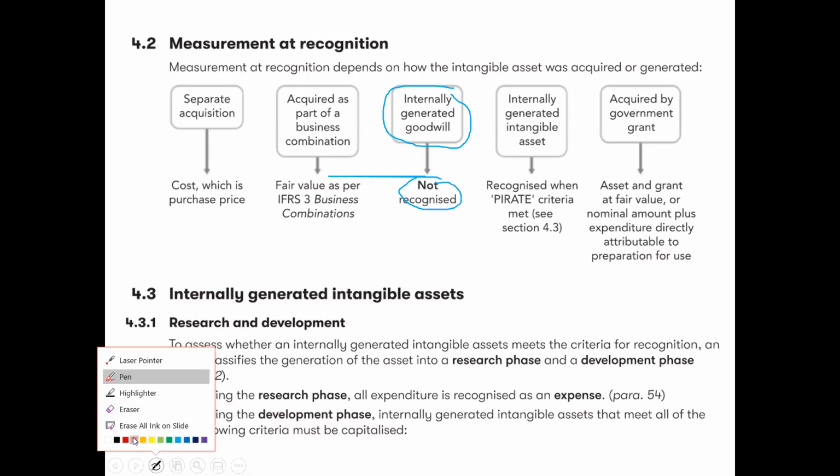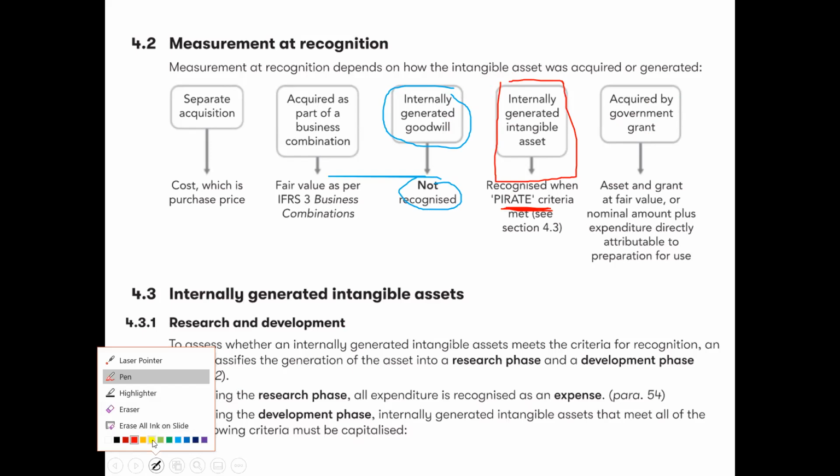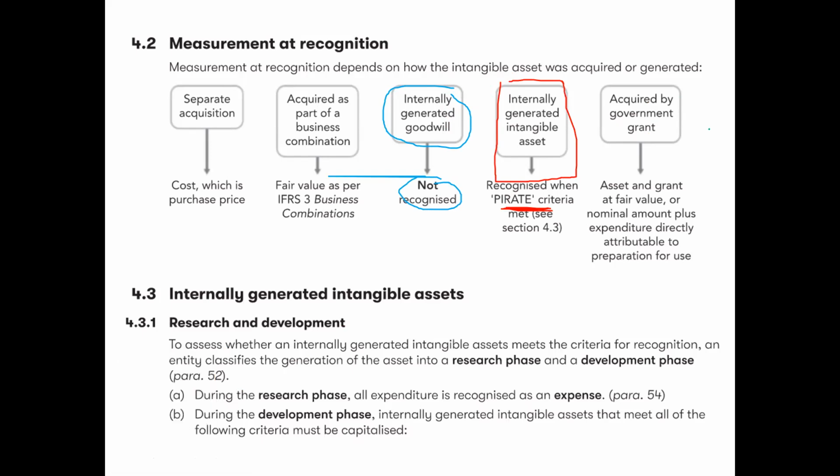Then they talk about internally generated intangible assets. You will see that they tell me that there's certain criteria I need to meet. And then they also talk about how do I recognize government grants that are linked, for instance, to an intangible asset, making sure that we know what's the basis.